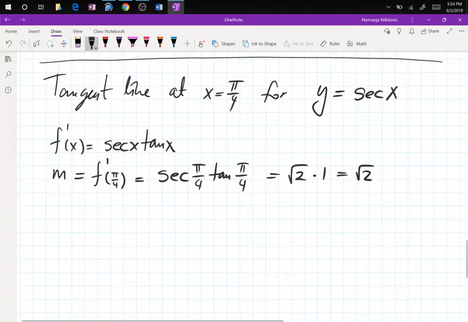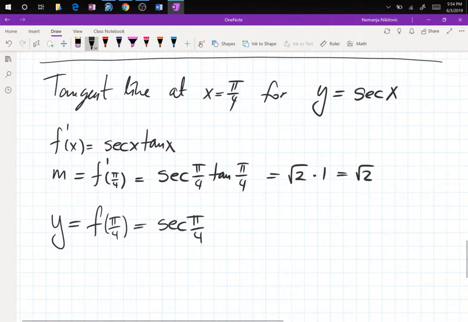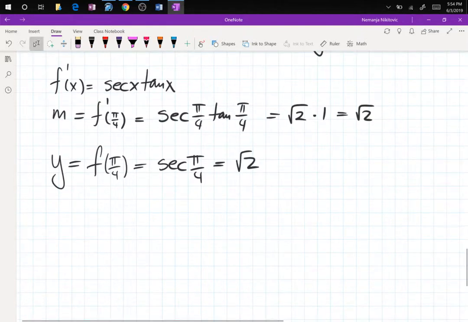Then, to find the y value, we plug in pi over 4 in the original function, so that's going to be secant of pi over 4 only, which is square root of 2. And we have everything.